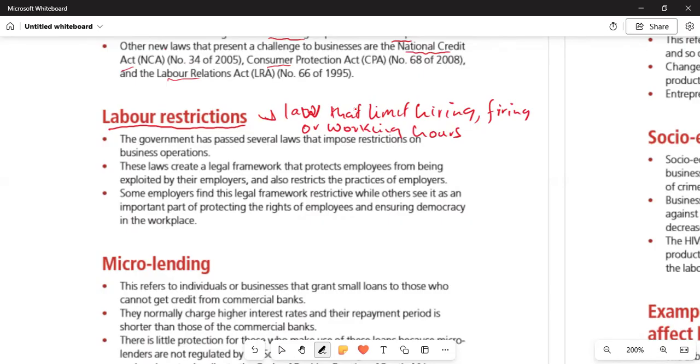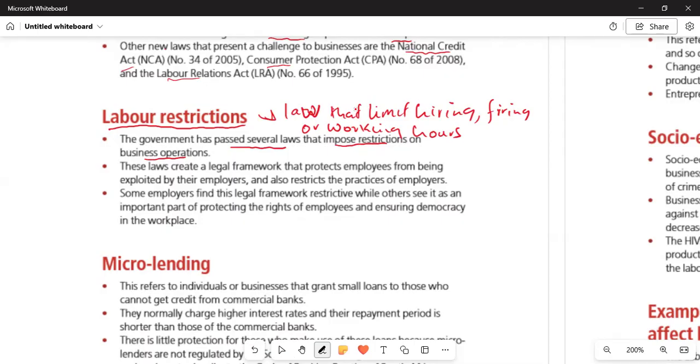As it said, the government has passed several laws that impose restrictions on business operations, like a minimum wage, whereby the law is forcing the business to pay employees from this amount.